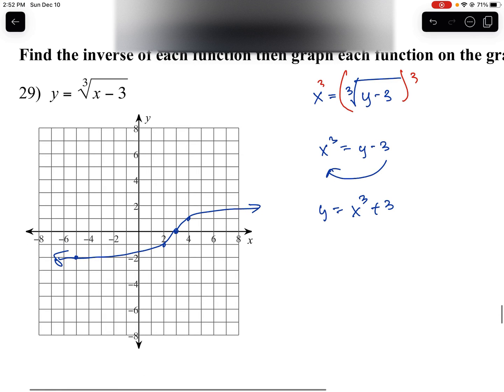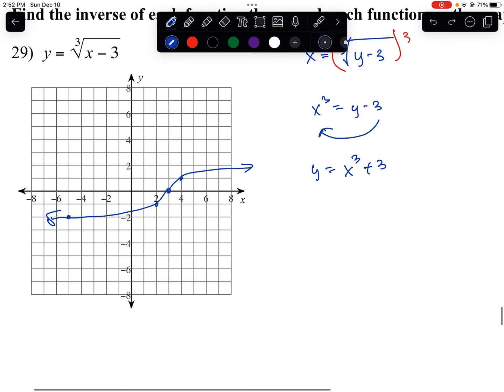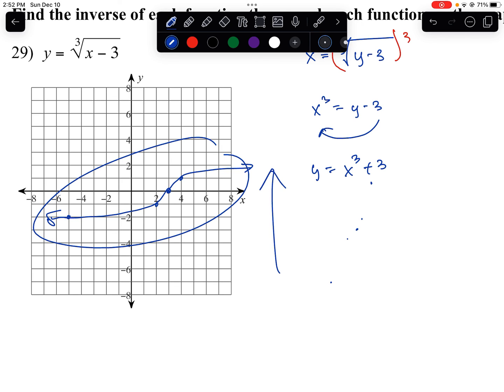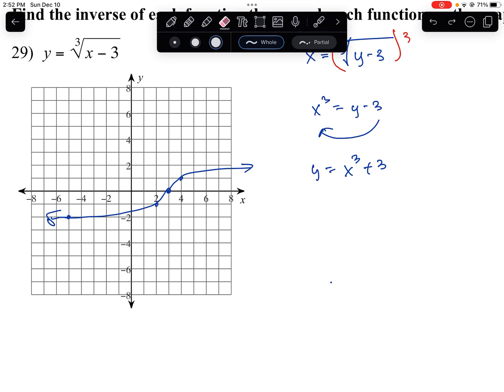Okay, and then we'll graph this function as well because we're supposed to graph both. So this is not a cube root, it's a cubed function, which means it has a point at the origin, and then it follows the same pattern as this function here, but just flipped, rotated. So in this case right here, we're also moving up 3.